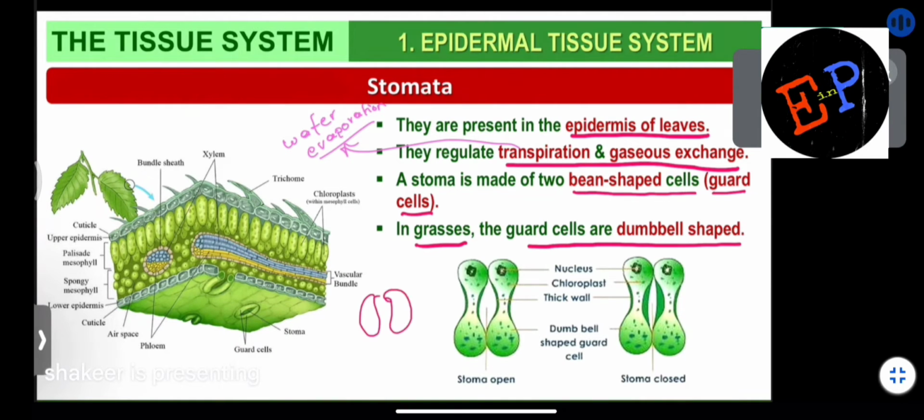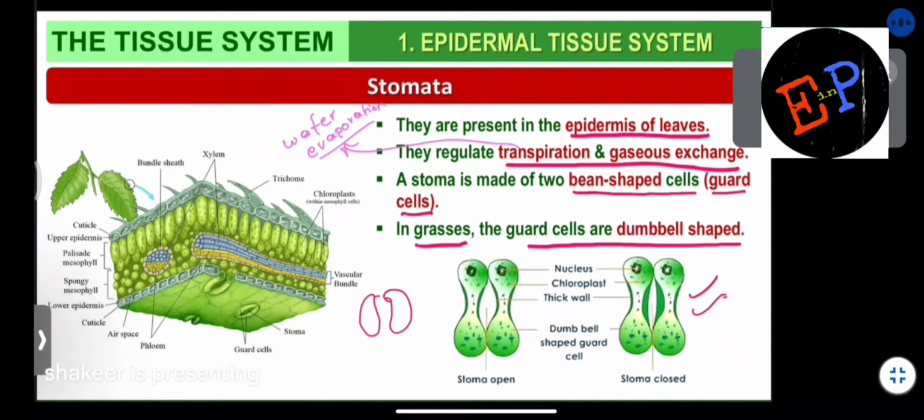But in grass, what is the shape of these cells? Sorry, dumbbell. In grasses, you will find dumbbell shape, and in other plants, you can find them bean shaped.